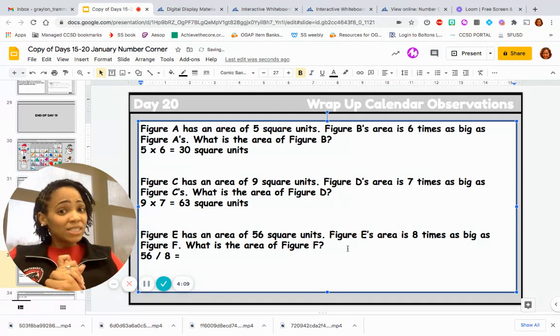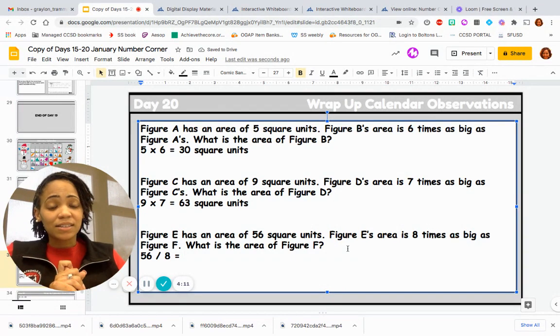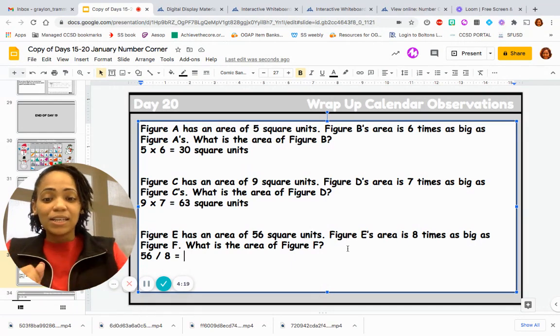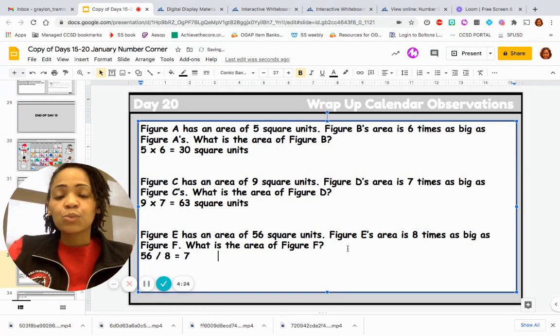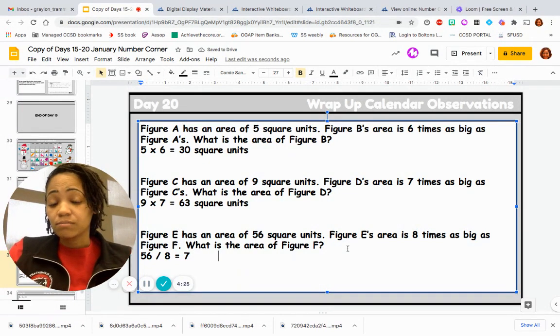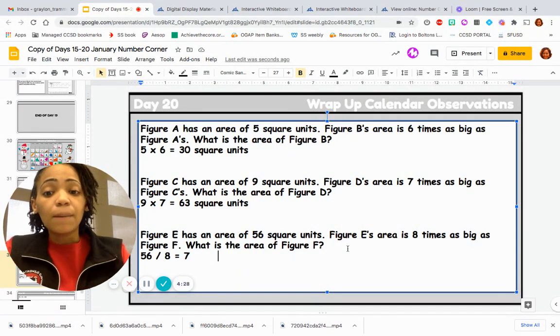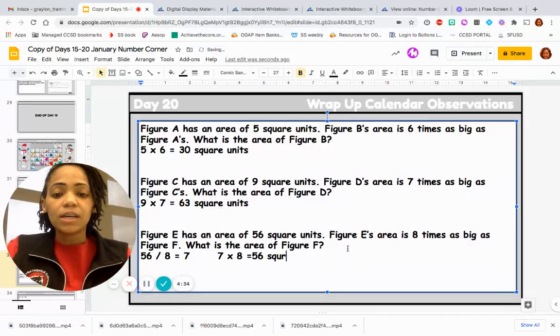Well, what times 8 is 56? 8 times 7. So this time, our equation was a division equation. That's what was suggested by the problem. But we could use multiplication to figure it out, which is why it is still a multiplicative comparison.